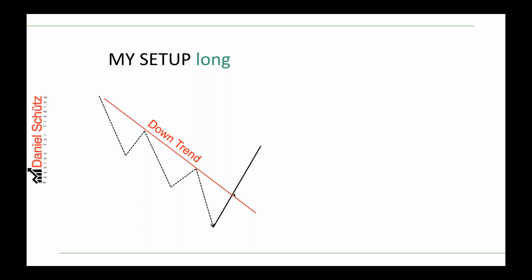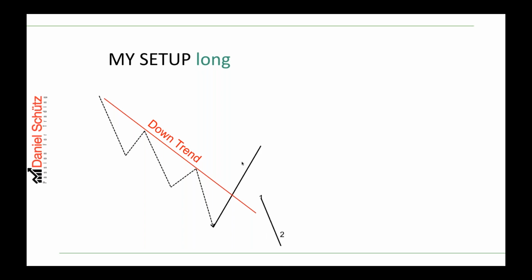What we have here, we can paint in a trend line, and if this trend line is broken, I'm on high alert to look for my trading setup. I wait for the first wave until the first wave is over, and I look if I can count it to 5. So I'm looking for the 5 waves in there. 1, 2, 3, 4, 5.